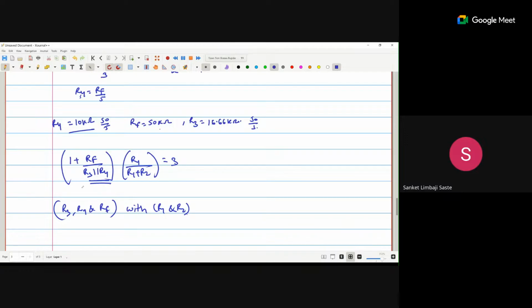So you can assume R1 is also 10 kilo ohm. If R1 is 10 kilo ohm, R2 is 20 kilo ohm. So these are the three values and these are the two values.